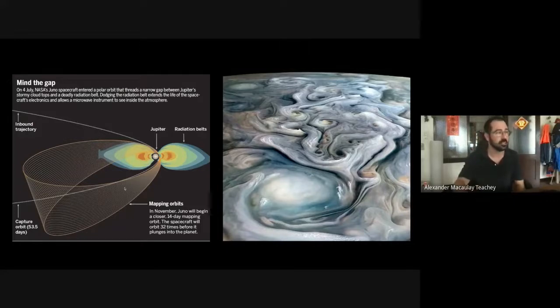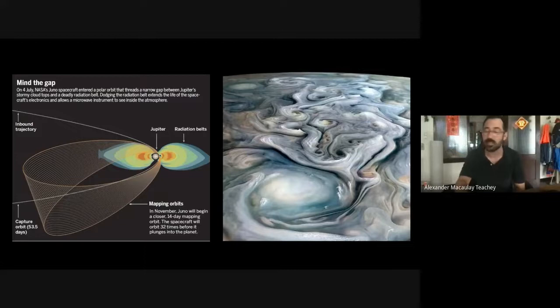And this is actually Juno's orbit here. You may be aware that Jupiter has a very, very extreme environment in its vicinity, these high radiation belts where charged particles are extremely energetic. And if you spend way too much time in there, it's going to fry your spacecraft.